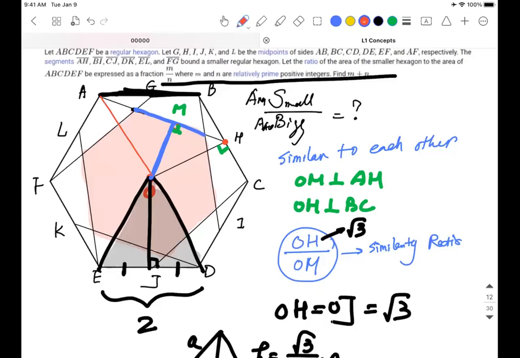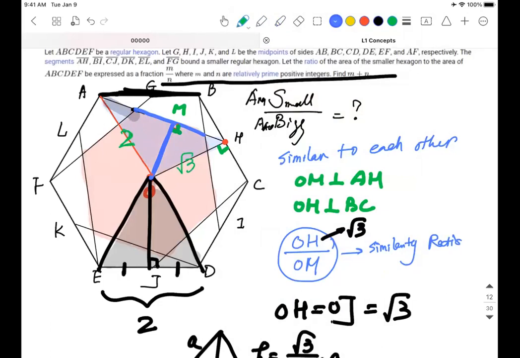Now, I'm going to focus on this blue triangle. In this blue triangle, I have already determined the value for OH, which is √3. I know the value for OA. OA is 2, right? OA is more like the side.